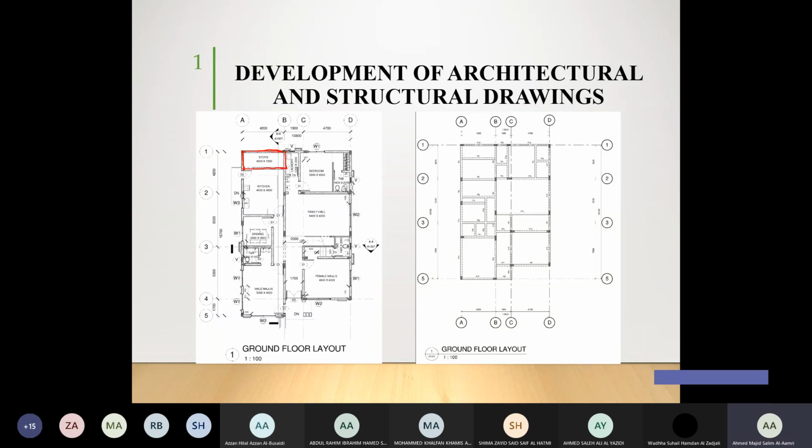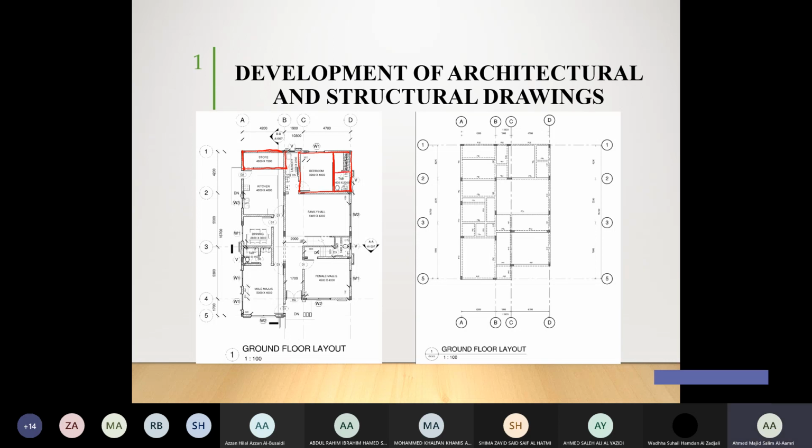Can you see what I have drawn? And then can you see that this is another wall? And there is another wall here, and then another wall here.